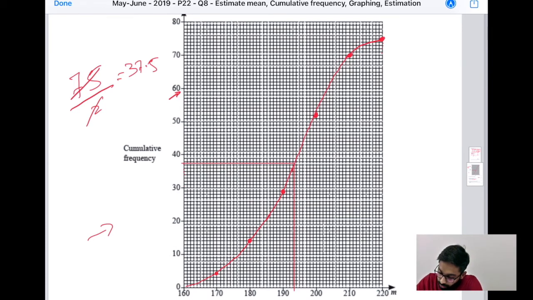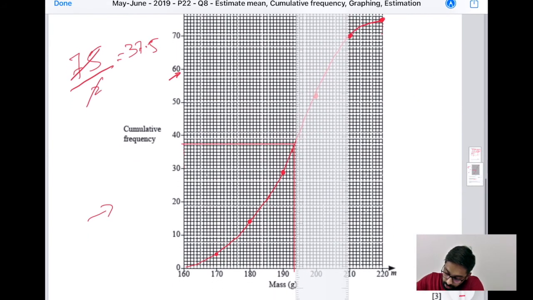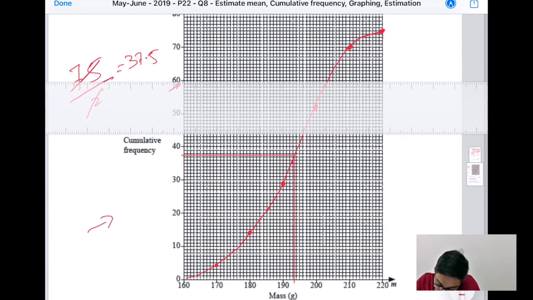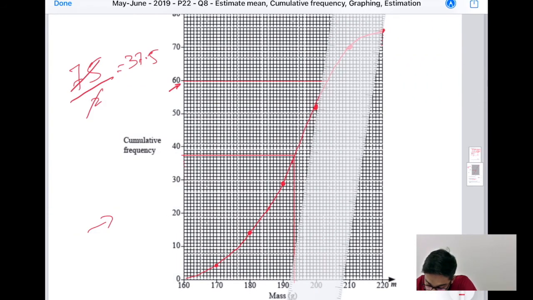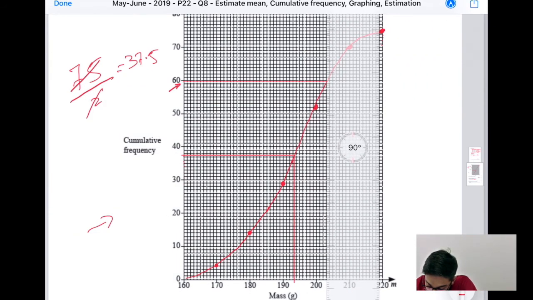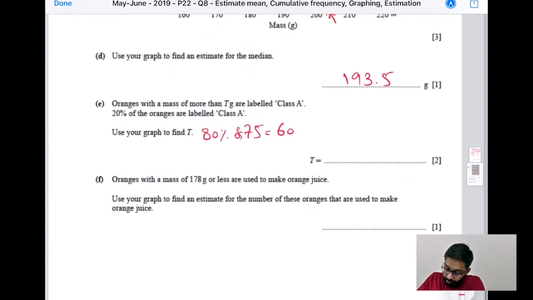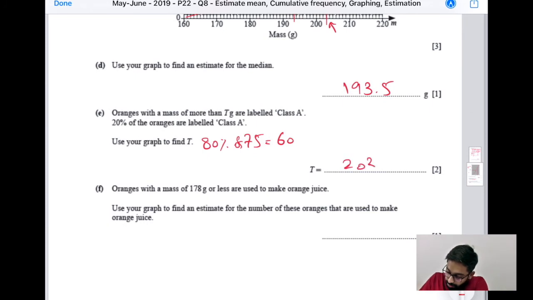So let's draw a horizontal line once again and see what grammage they have. At 60, we sketch a horizontal line till this point, and then we connect this point of intersection with the x-axis. So the grammage is 203 for class A. So 203 grams is your answer for part E.